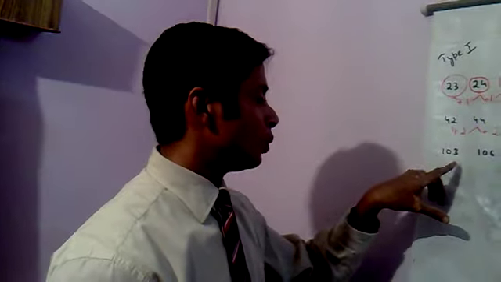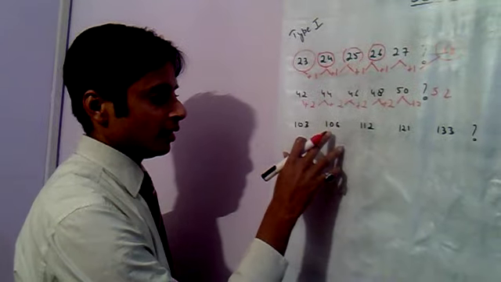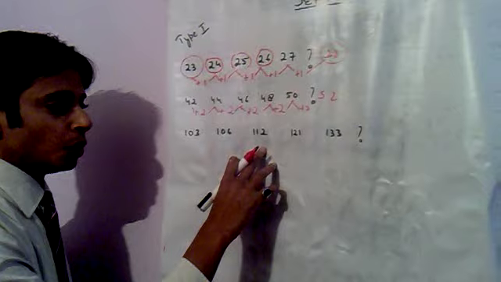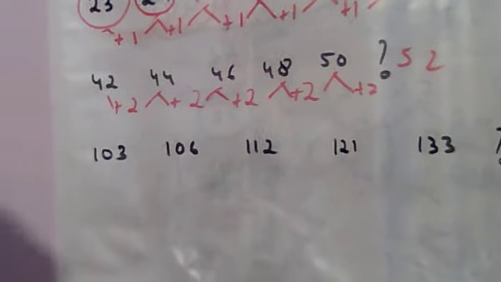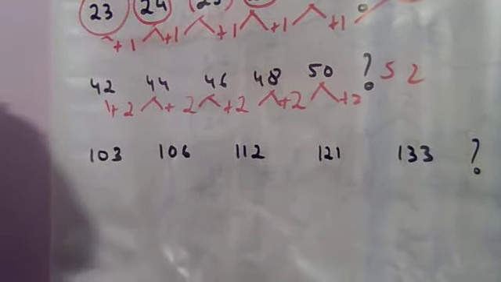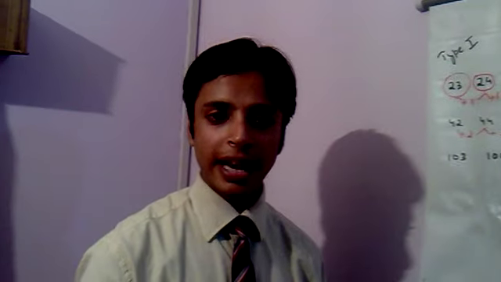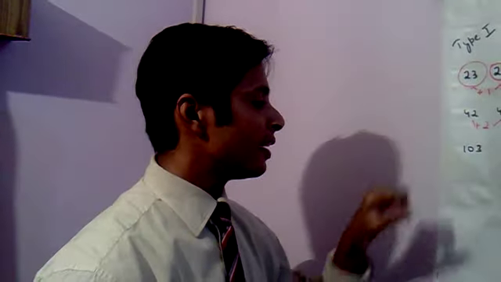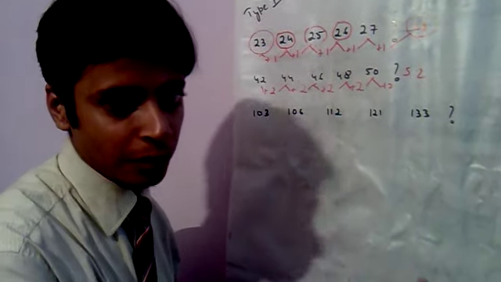Over here there's a question that says 103, 106, 112, 121, 133 and a question mark. What I would like to ask you is, what is the pre-requirement of the question? If somebody asks you the pre-requirement of solving a series question, it would be that we have to check by subtracting the previous number from the next number.